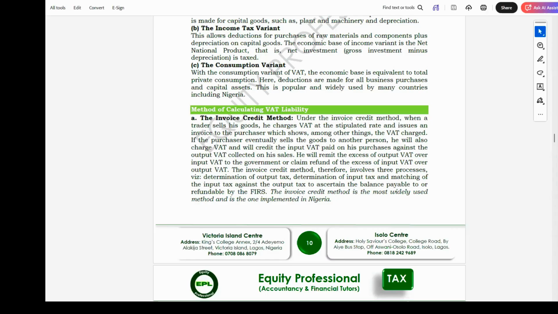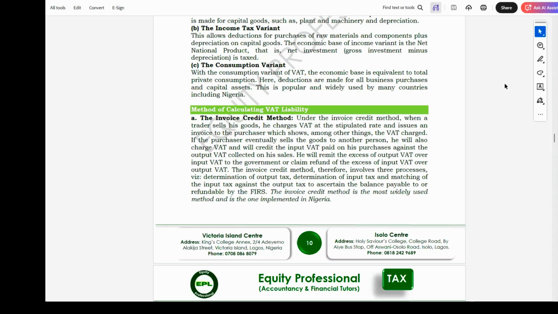When you are calculating the value-added tax, you look at your input VAT and your output VAT. Don't forget, I told us that whenever our output VAT is more than our input VAT, the difference is what is to be remitted to the relevant tax authority, which is the amount of VAT payable.